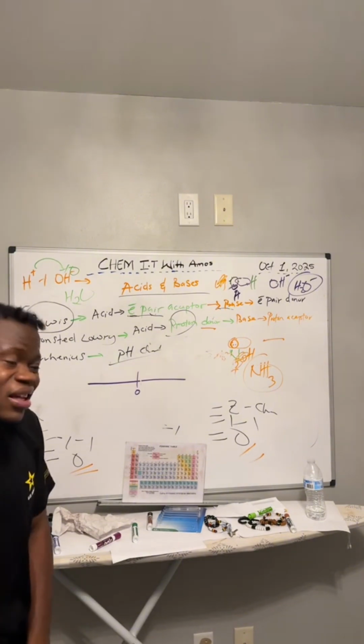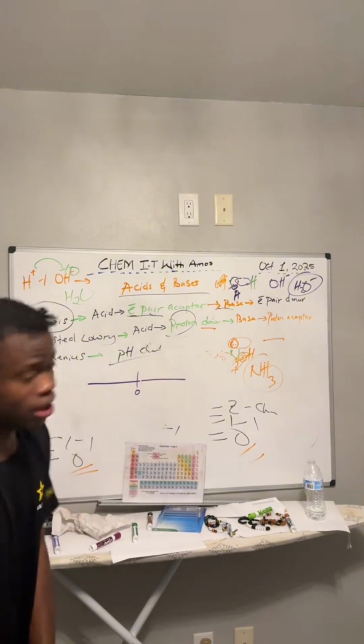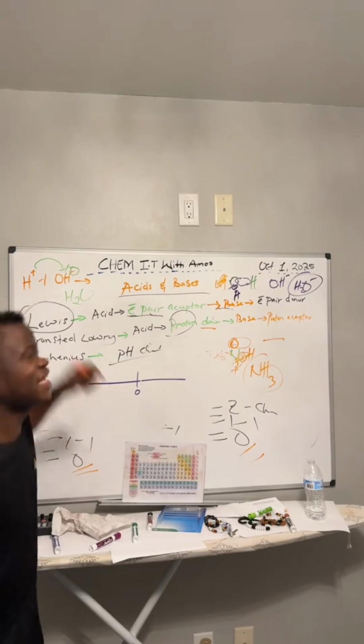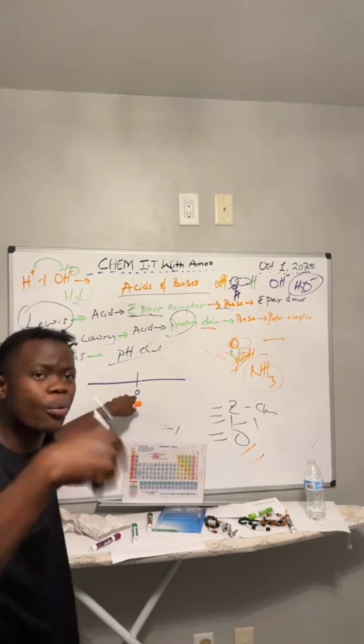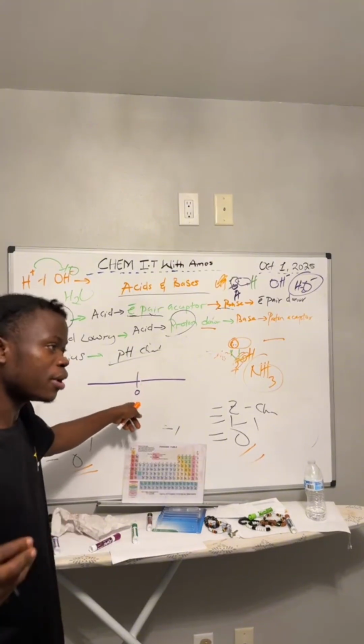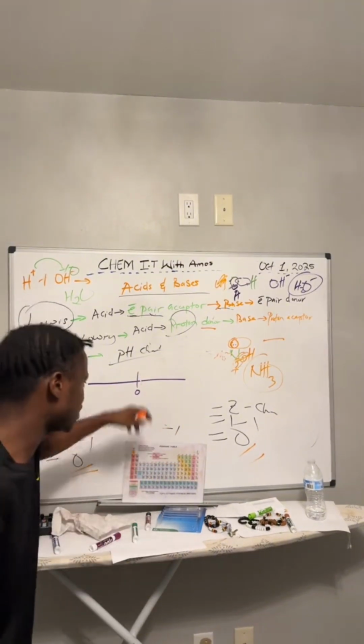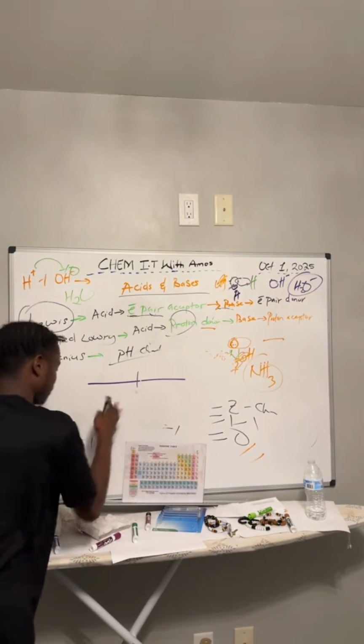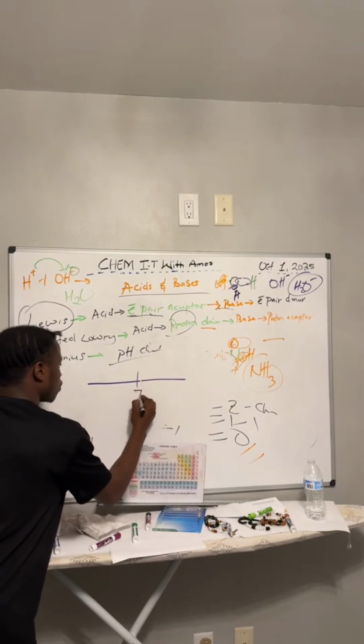To 14. Here is the origin, but based on acid and base, the middle cannot be 0. So this is going to be 7.